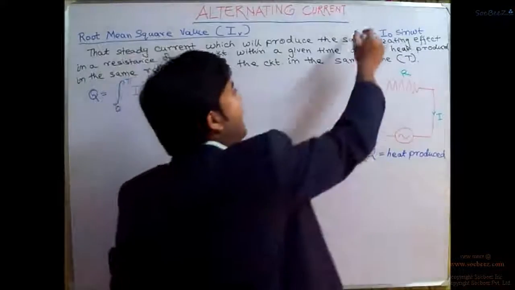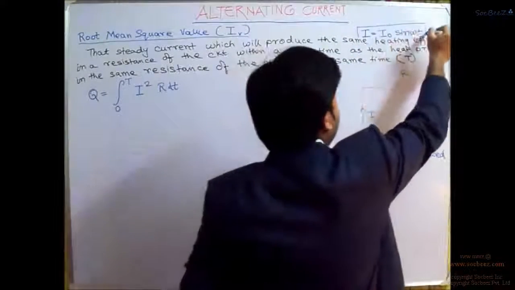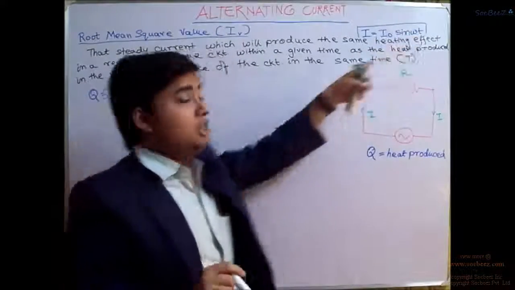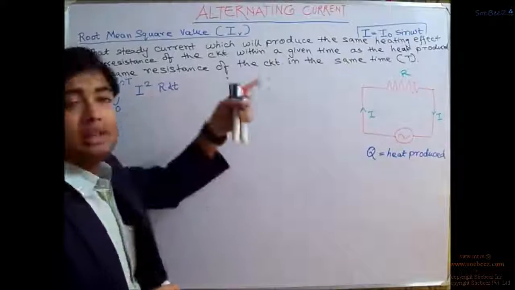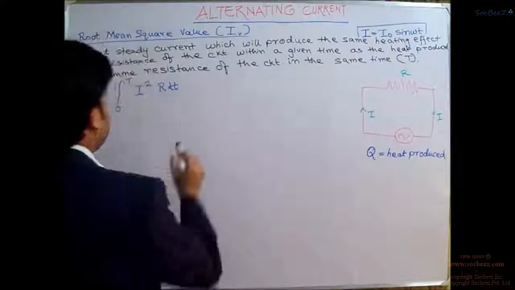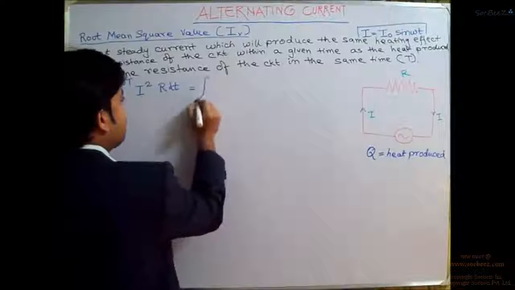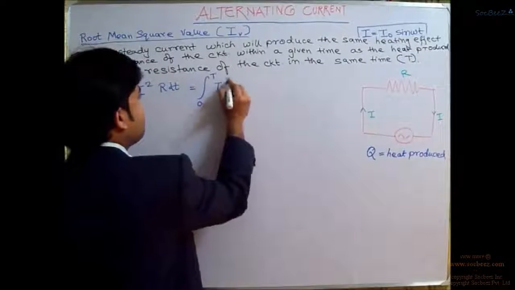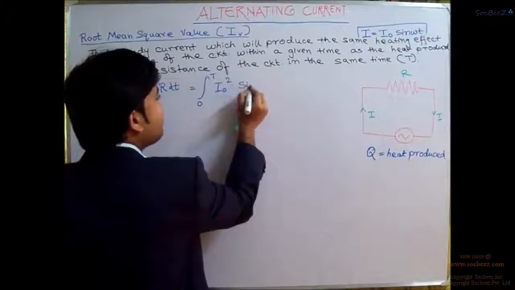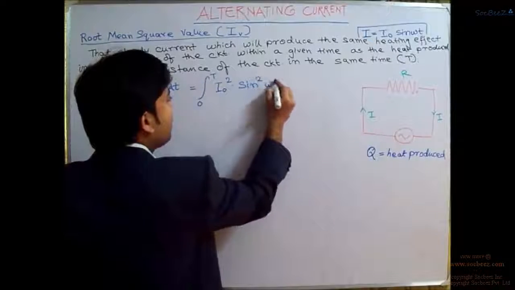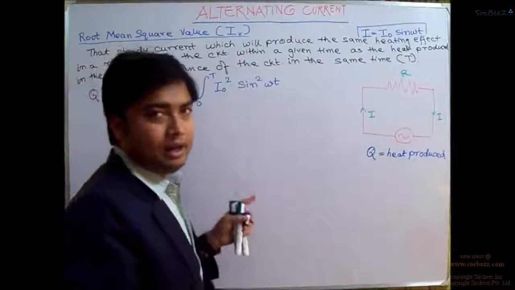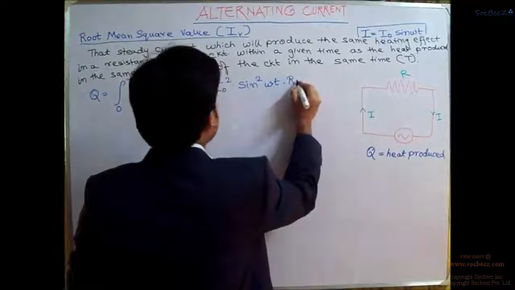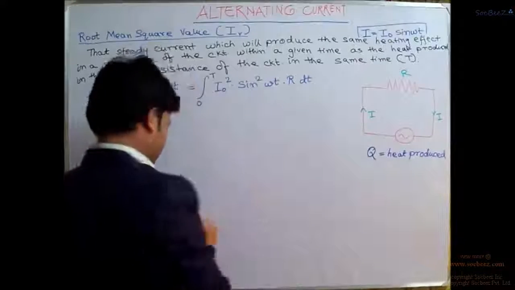Now, as we know that the value of I at a given point of time is I naught sine omega t, we can replace the value of I with that. So we will get the integration from 0 to T of I naught square multiplied by sine square omega t, multiplied by R dt.